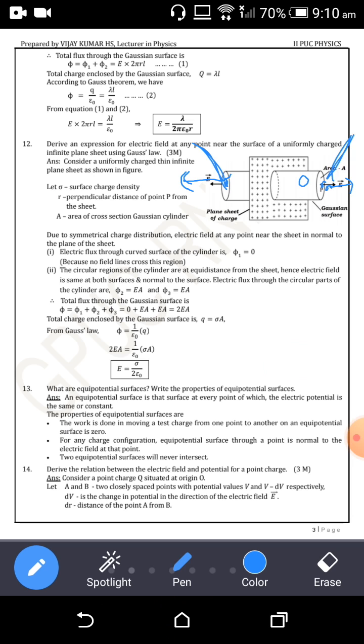Now we will consider the curved part. The electric field will be directed towards the right, whereas the area vector will be directed upward.